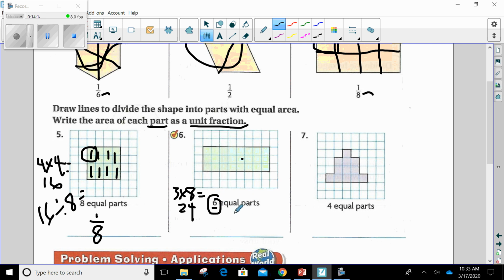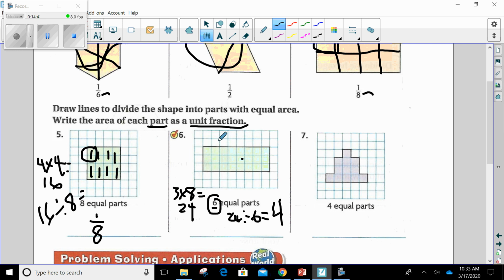So let's think about this. 24 divided by 6 equals, okay? 6 times what equals 24? 4. So each of those equal parts must have 4 squares in them.